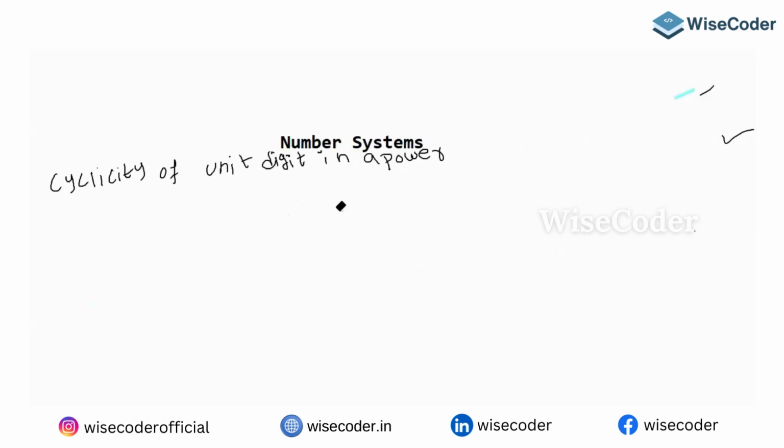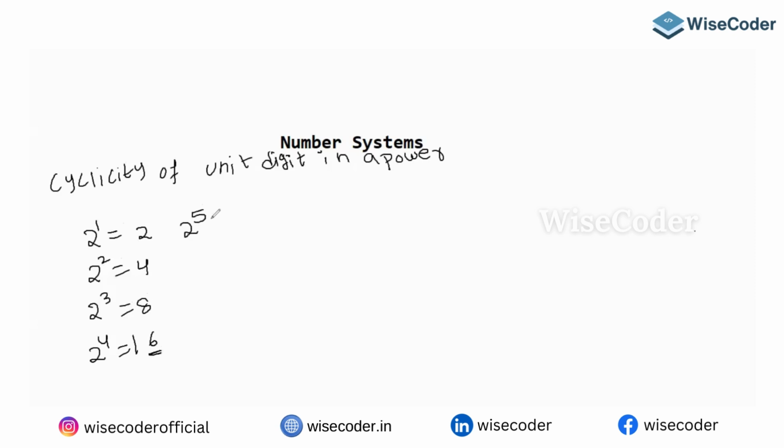Tell me, 2 power 1 is what, guys? 2. 2 square is what? 4. 2 cube is what? 8. 2 power 4 is what, guys? 16, but my concentration is only on the 6.